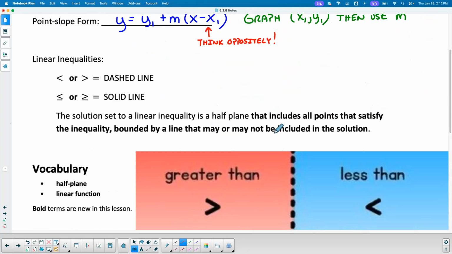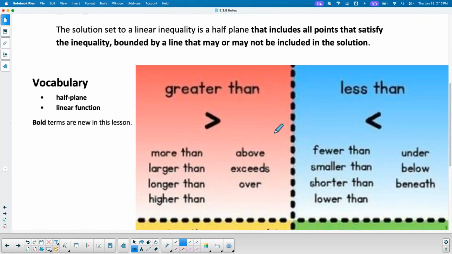A little bit later on today too, and tonight in your homework, you're going to be having to come up with an inequality. Okay? And so we gave you here some words that go along with each inequality symbol. So if you wanted to take some time right now to write these down underneath vocabulary there on that page, that would be awesome, because that would help you in your writing of the inequalities.